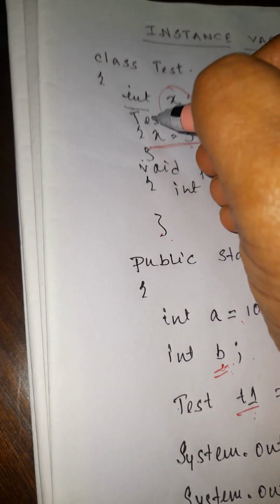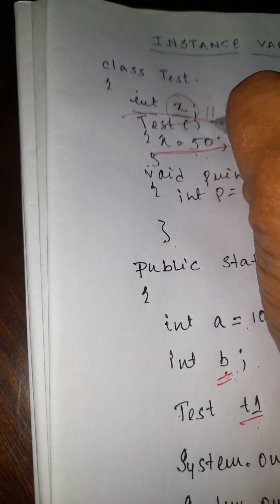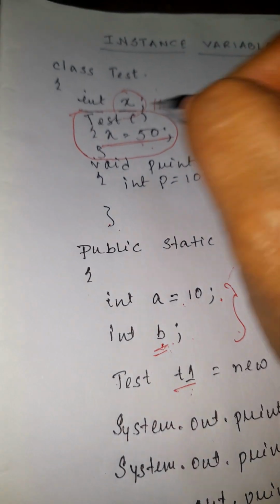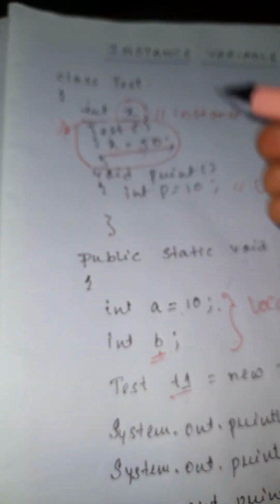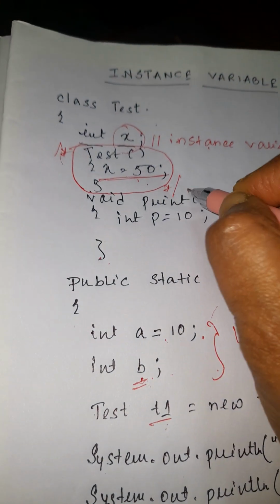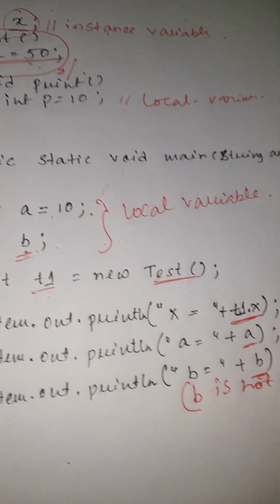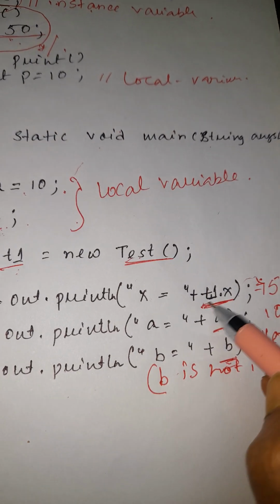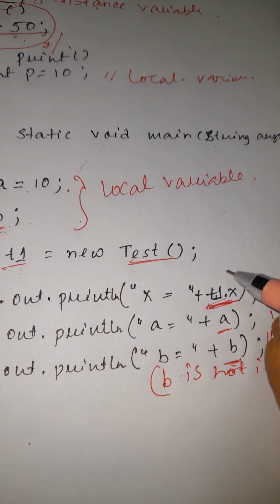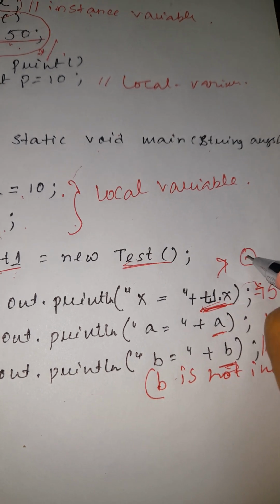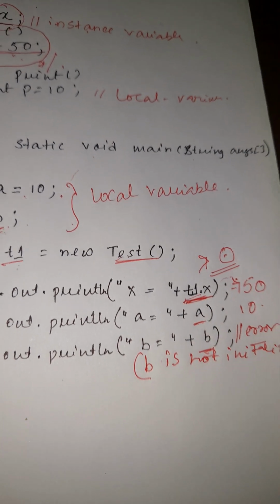Now maybe this Test constructor, maybe I did not declare it, maybe I comment it out. So x is also not initialized. Now at that moment, if you want to print t1.x, what will be the value? The value will be 0. This I already discussed in a previous session.